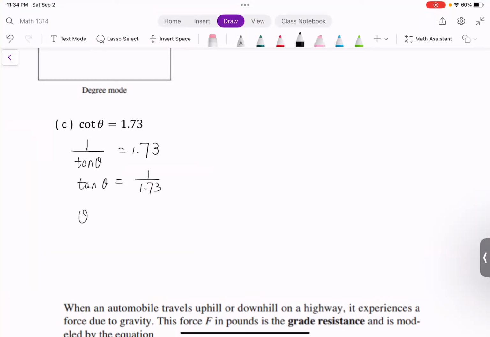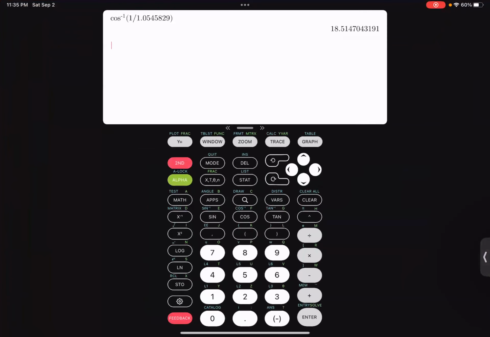So theta is inverse tangent of 1 over 1.73. Then I use my calculator because my calculator has the inverse of tangent. So click second function, so clear, second function tangent, 1 divided by 1.73. Close the parentheses. I'm having this angle.